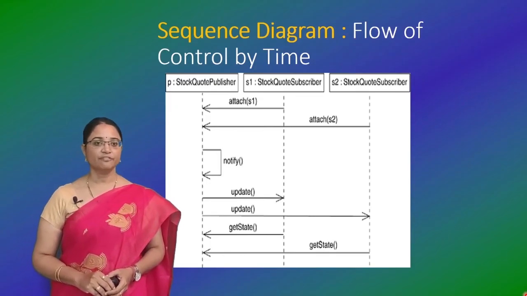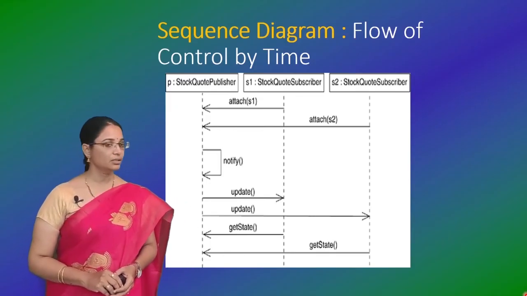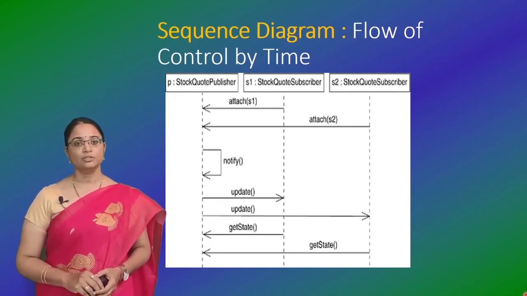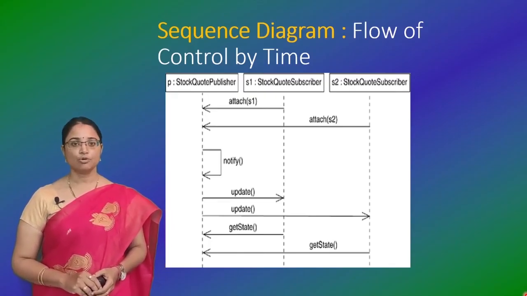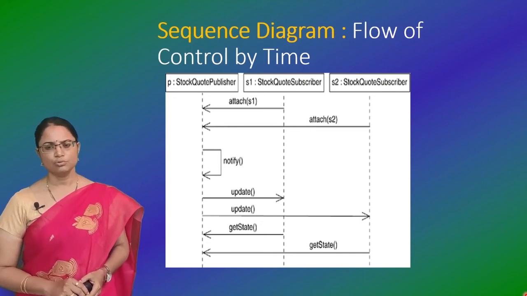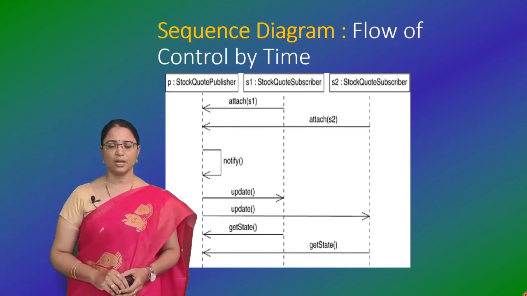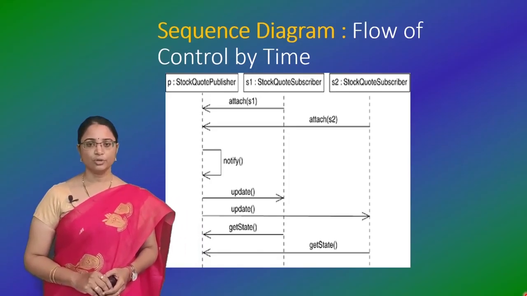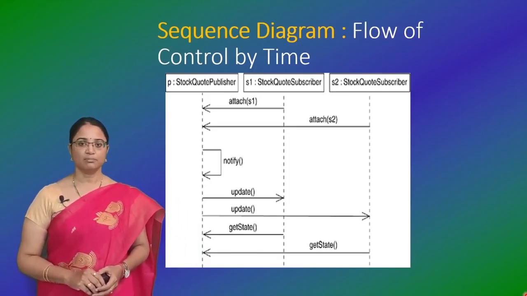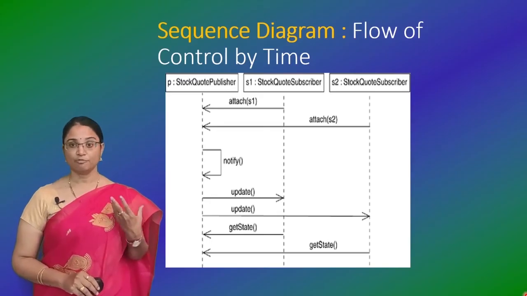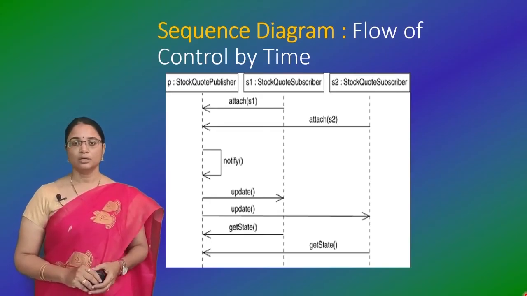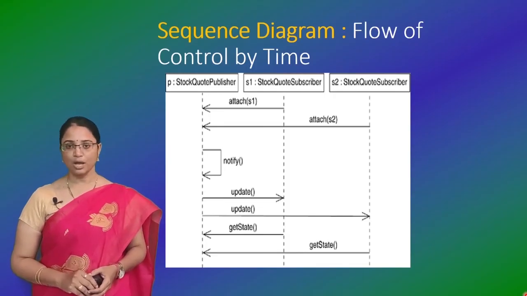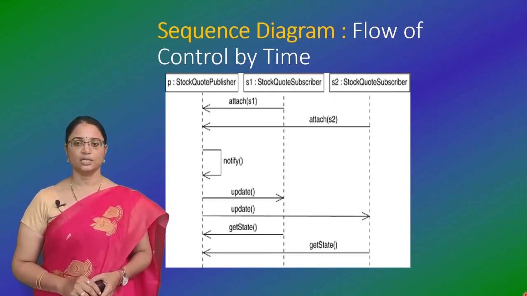If you see the figure, it has three objects: stock code publisher, stock code subscriber, stock code subscriber. Before explaining this example, I want to give one more example. If you consider my YouTube channel, I am the publisher of my channel because I can add videos and remove videos.